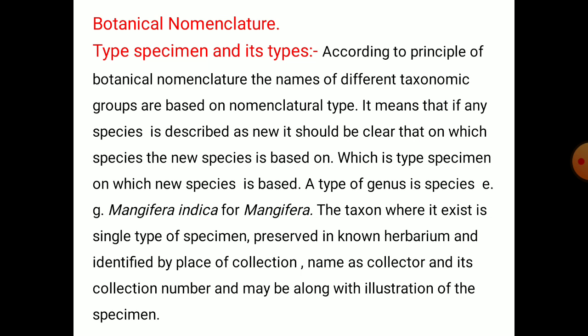We have collected that plant, where it has been collected, where it exists, and taking this information, at the time of the original publication, he should say that this is a new species. But while erecting the new species, he should know on which specimen this type is based.